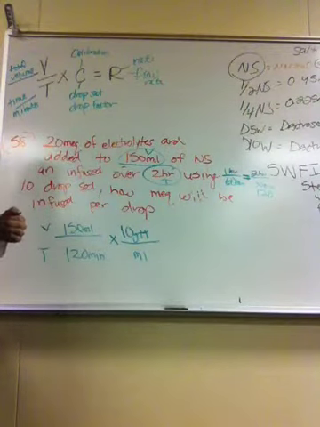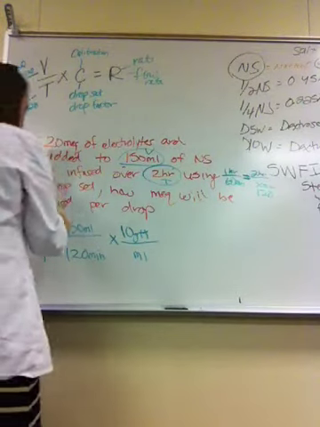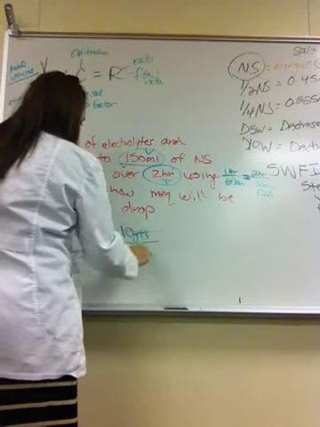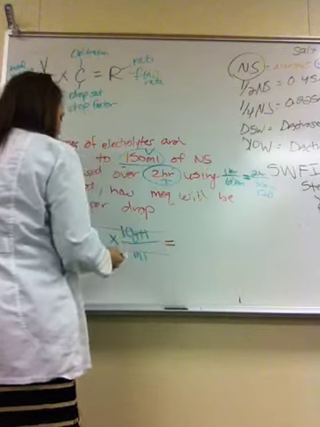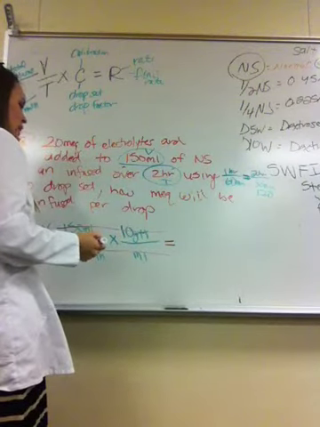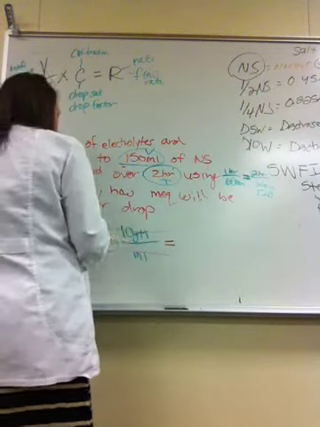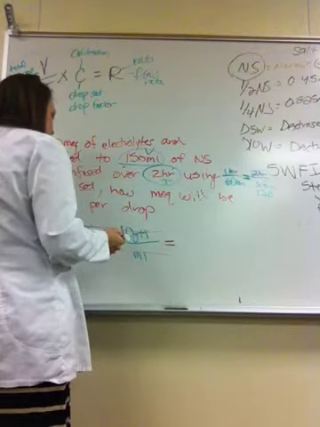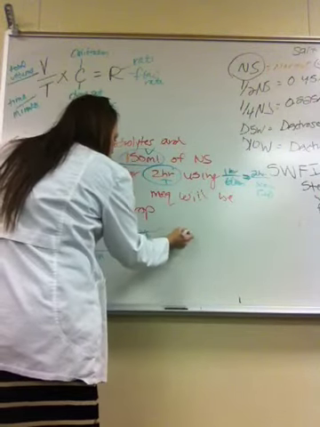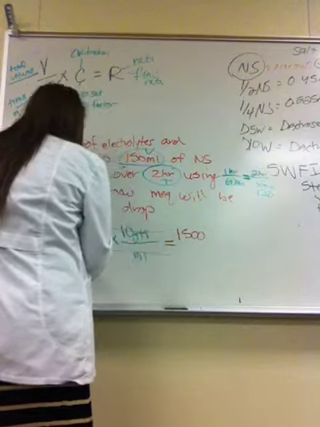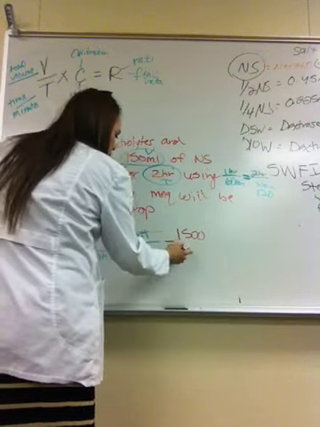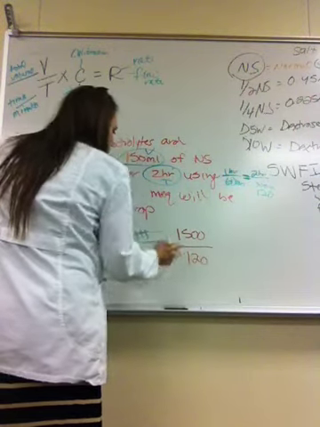What do we do when we're multiplying fractions, you guys? Fractions are the easiest. Straight across. Good, that's back to our basics from the very beginning. So 150 mLs times 10 drops, what do you guys get? 1,500. And 120 times 1 ml is 120.